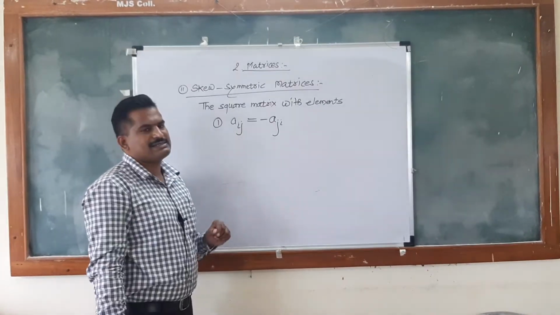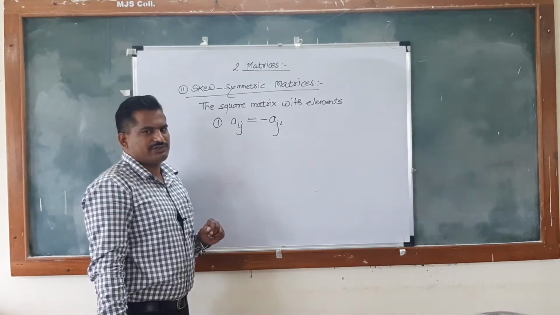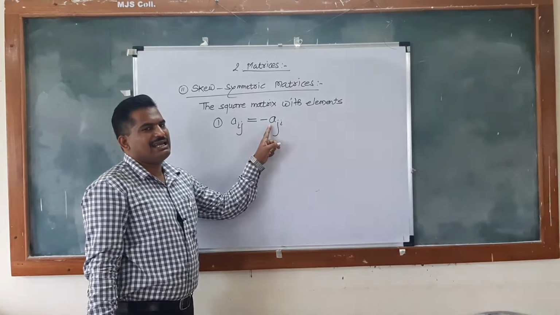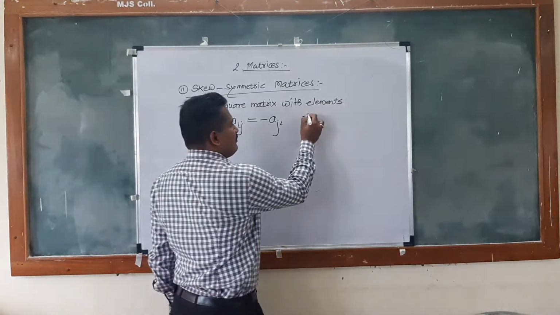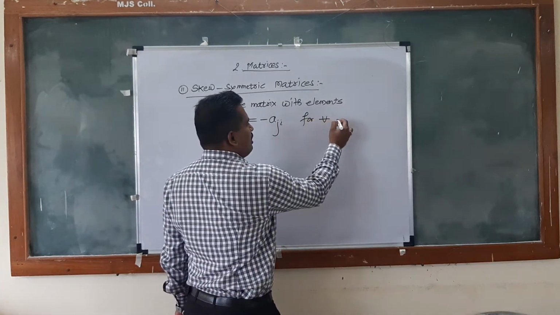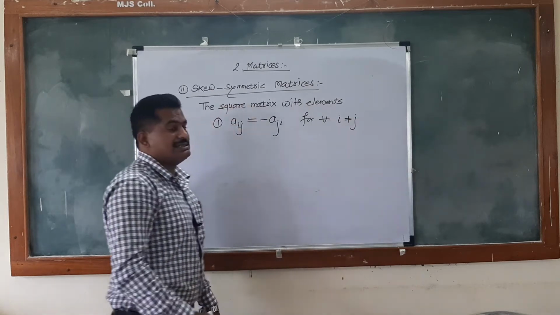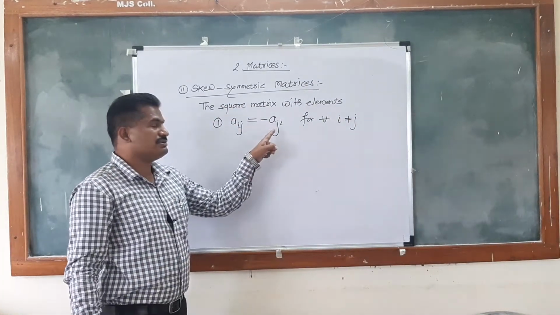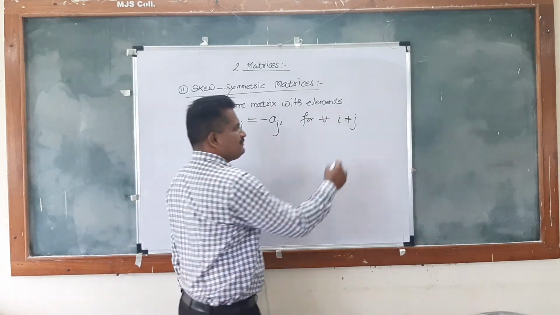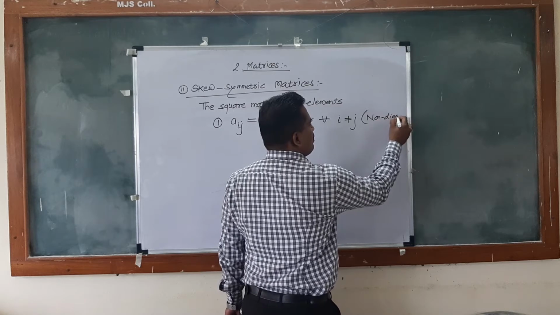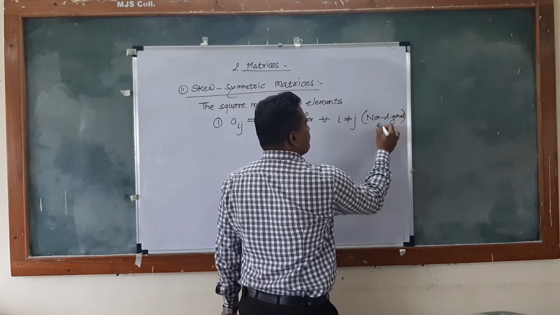These two elements are opposite to each other. Aij is equal to minus Aji for all i is not equal to j. Therefore, this restriction is about non-diagonal elements.